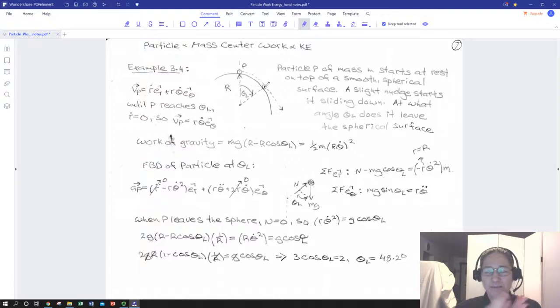It is dr away from this circular surface. So because it is not in contact, normal force is 0. So we can translate departs the surface as, I need to find where, in terms of theta L, the normal force goes to 0. And solve for that in terms of everything else I know.